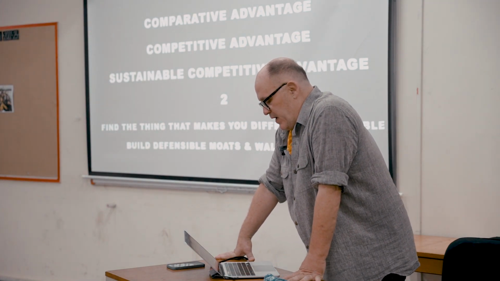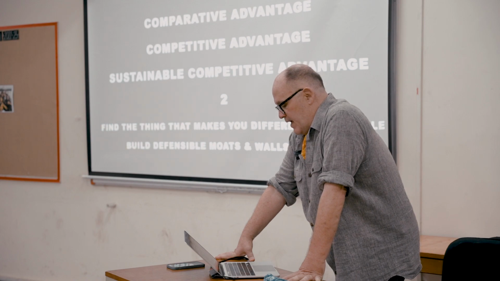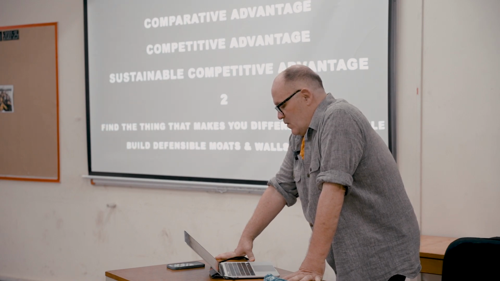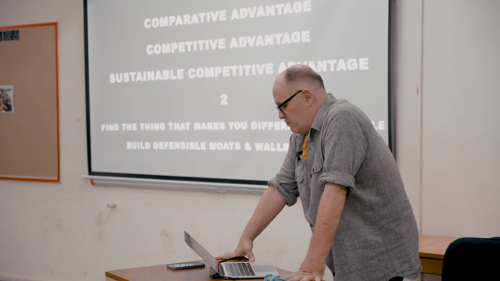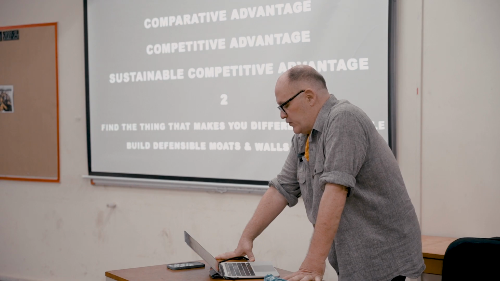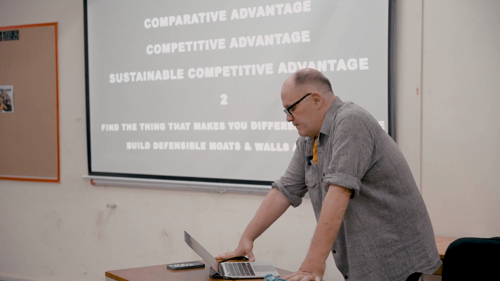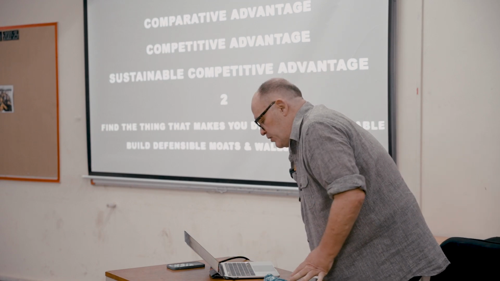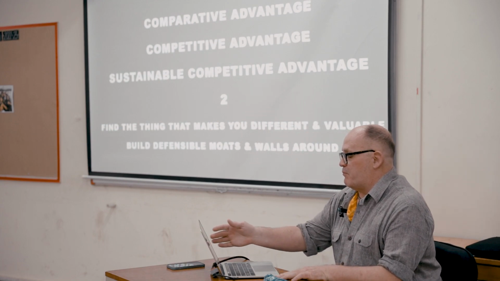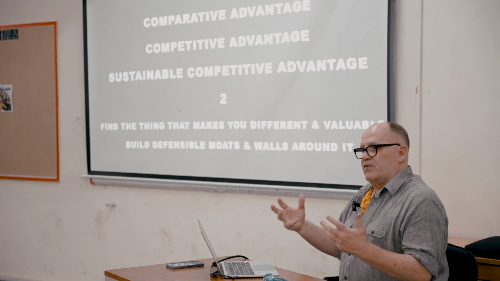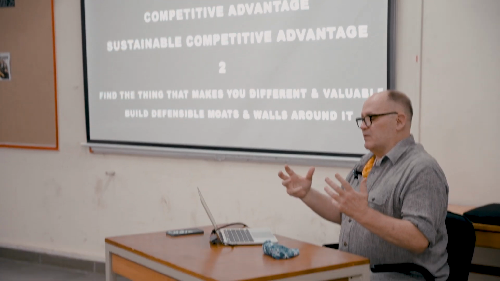So I'm back to the comparative advantage and competitive advantage slide. Comparative advantage is when you do something that is better than your rivals. Competitive advantage is when you do some things that are better on an ongoing basis. So better quality, higher margins, a lower cost structure, more durable capabilities, branding, these things that are durable that you have built over time.